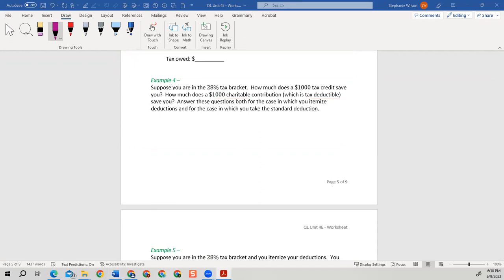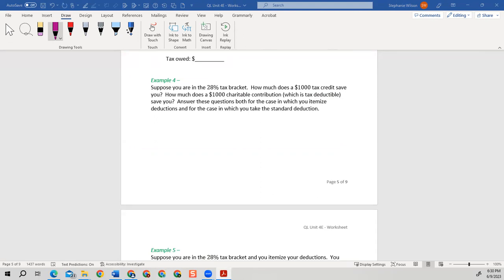So this next example says, suppose you are in the 28% tax bracket. How much does a $1,000 tax credit save you? How much does a $1,000 charity contribution, which is tax deductible, save you? So let's think about it.